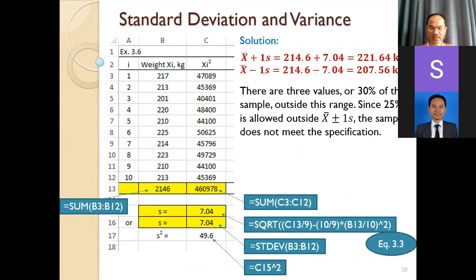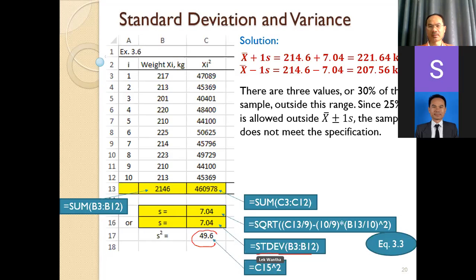We get the variance like this, and we get the standard deviation. In Excel, you can calculate by the formula, or you can use the built-in function from Excel. We can use STDEV from Excel.